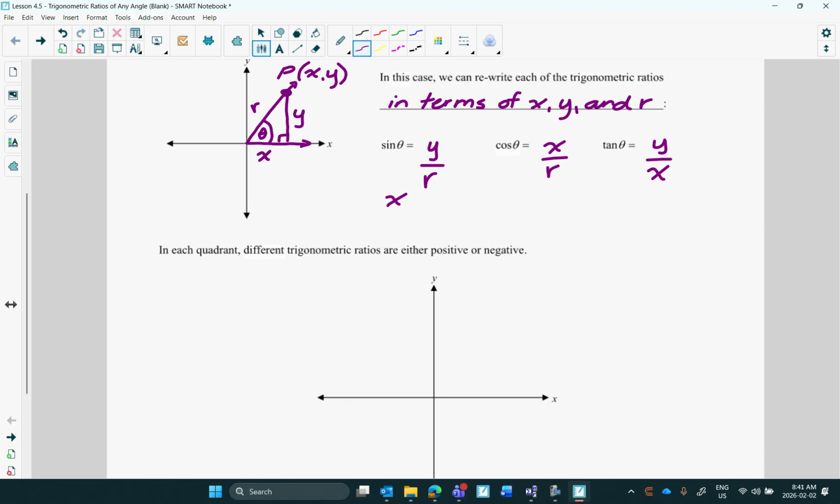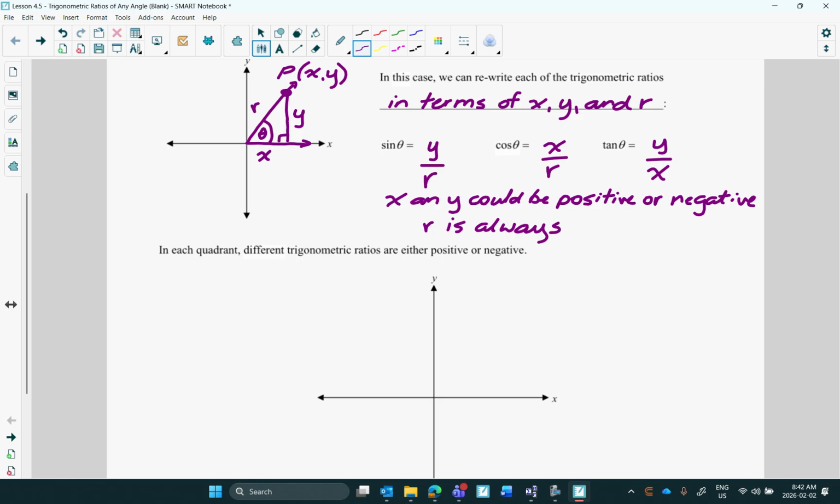Well, we're going to find x and y could be positive or negative, depending on where we draw the triangle, but r is always positive, no matter what quadrant we draw the right triangle in.